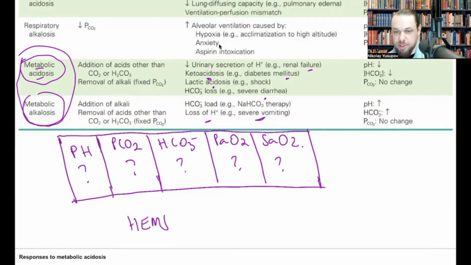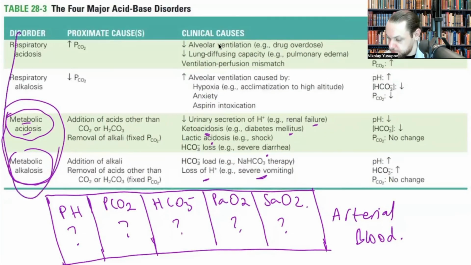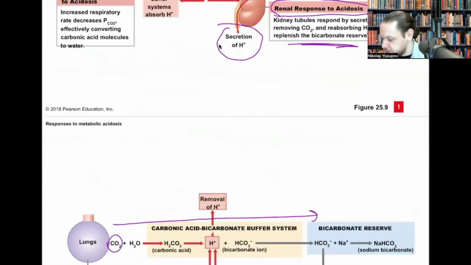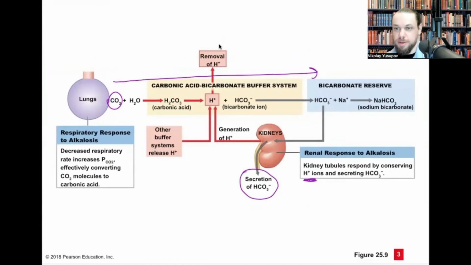But that's what we basically look at when we take their arterial blood. It's basically to look at these disturbances. All right, so this was something about the pH. Okay, so this here concludes the review of all the chapters.